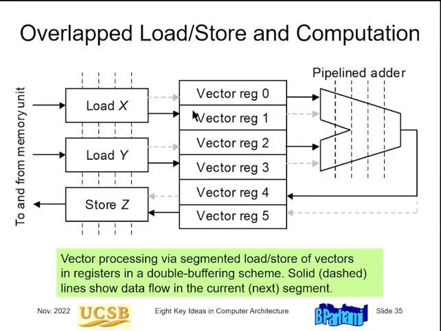At the same time, we are loading data into vector register 1 for the next phase of the computation. So we overlap memory access with computation. We are loading something into vector register 3 and we are storing the result of a previous computation that is in vector register 5.